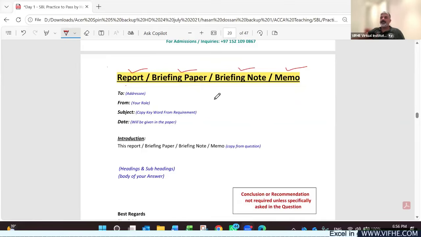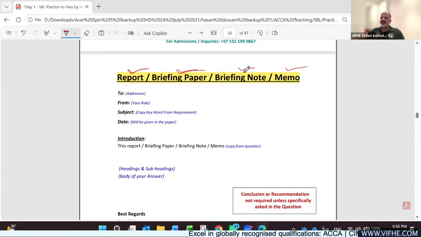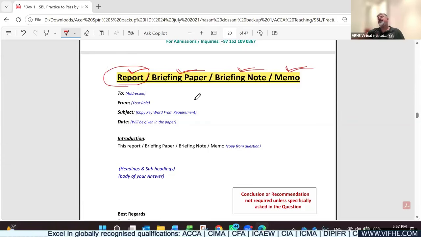So this format you can use as a report, as a briefing paper, briefing note, or memo. All you need to do is on the top here, you have to mention the name of the format. If the examiner asks you for a report, on the top you will write report.